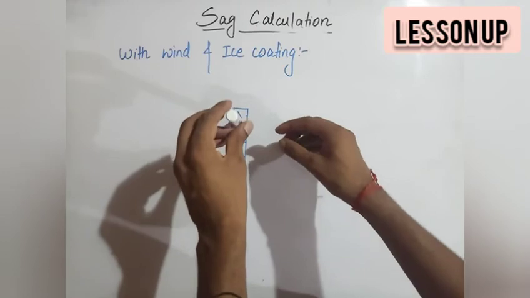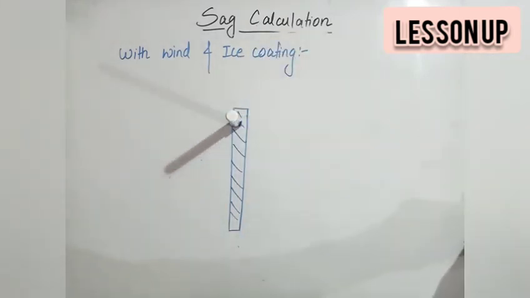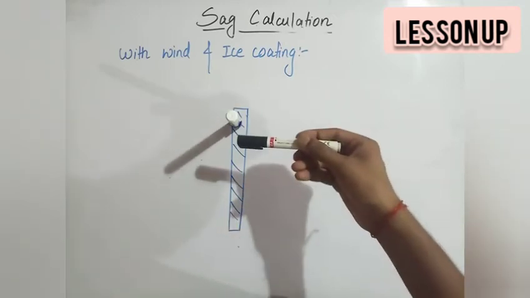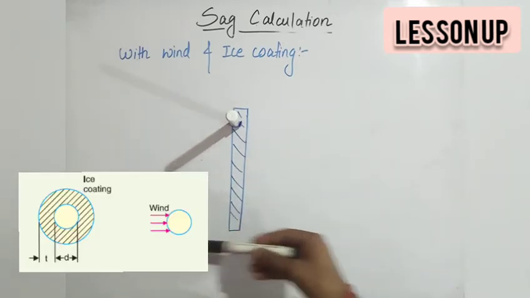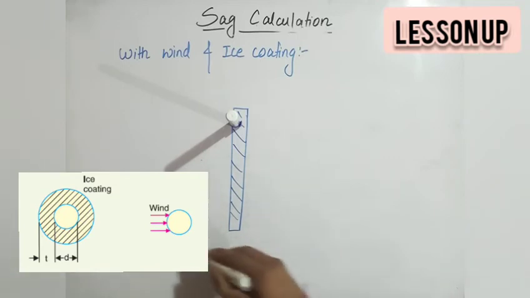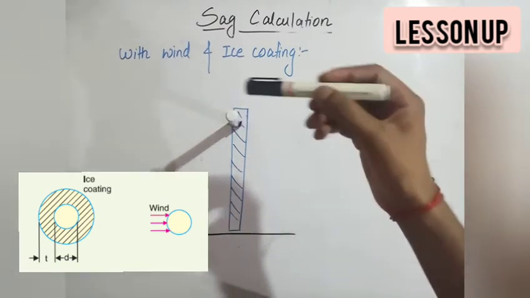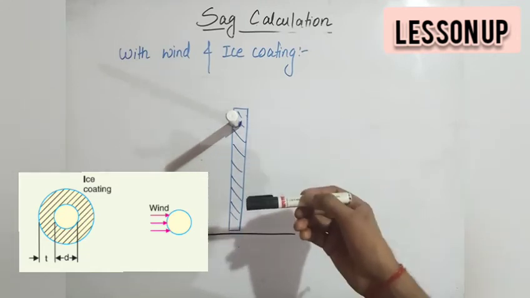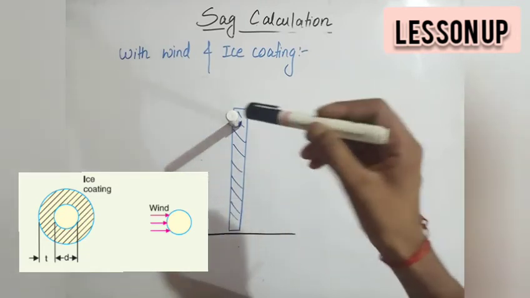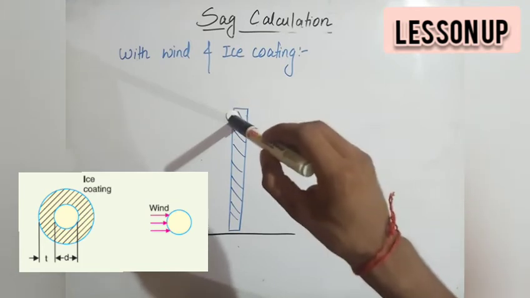Due to ice coating, there will be some ice on the conductor, and this conductor will experience a force in the downward direction, towards the earth, because of the weight of the ice and the weight of the conductor.